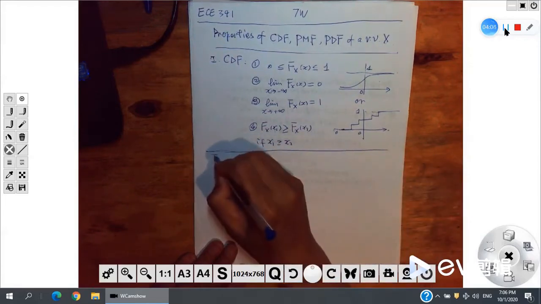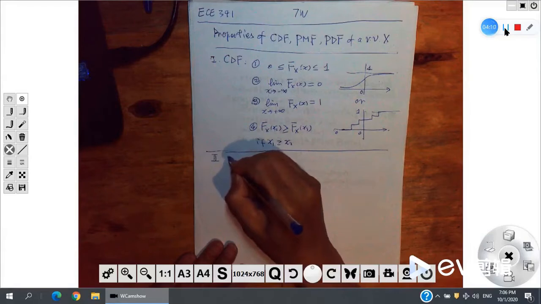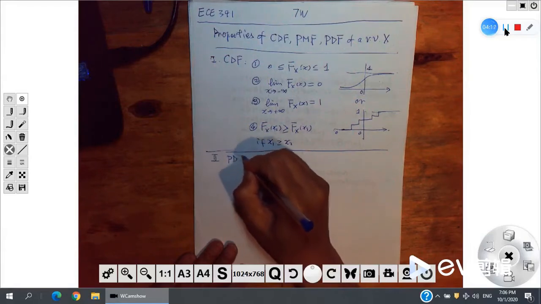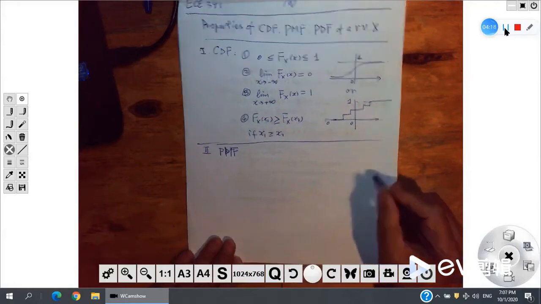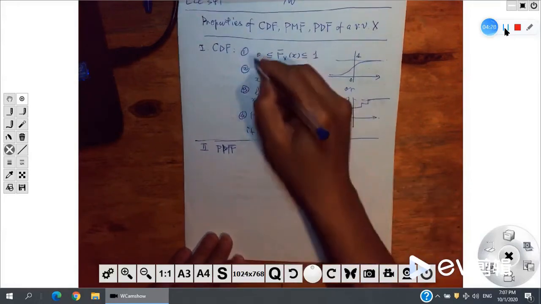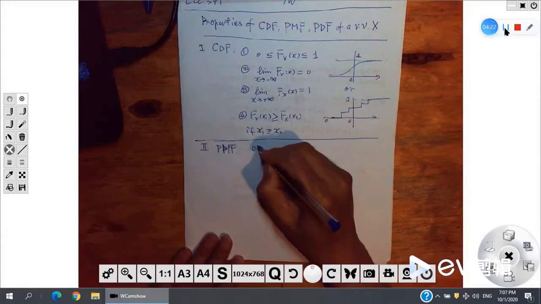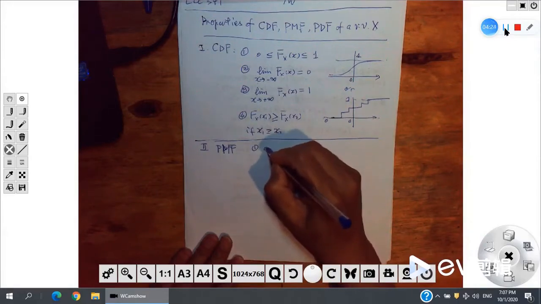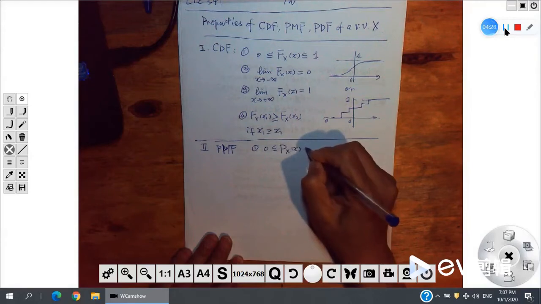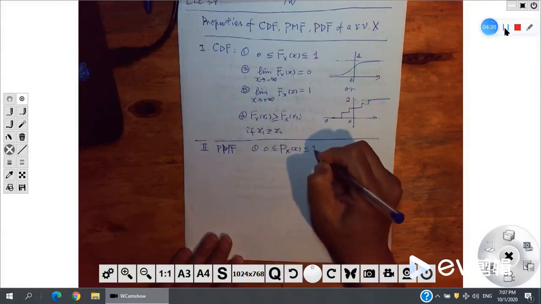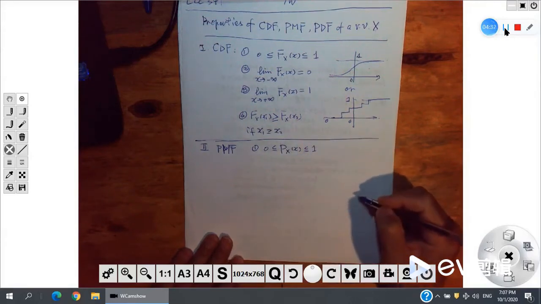And second, for the mass function, PMF. For PMF, the first one is similar. The value of P_X(x) will be a value between 0 and 1, right? Because it is a probability.